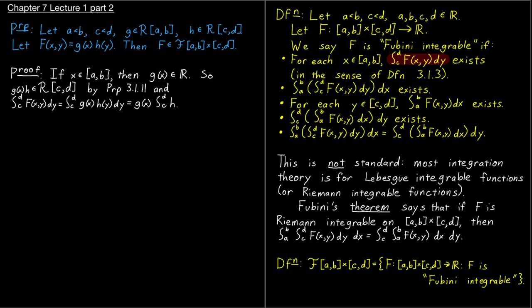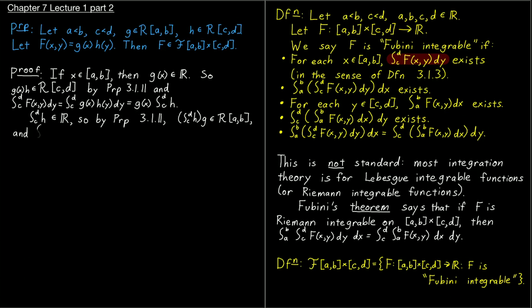Now we do the same thing with this real number. H is integrable, so its integral is a real number. So again, by the same proposition 3.1.11, this real number times g is a Riemann integrable function on AB. G is an integrable function on AB, so we multiply it by a real number. We're still Riemann integrable.